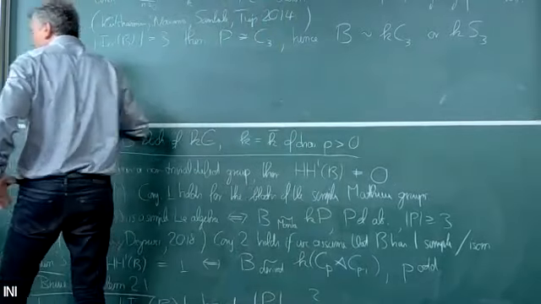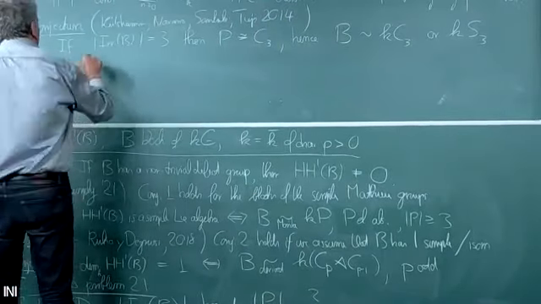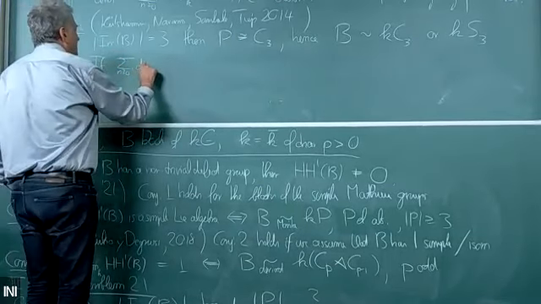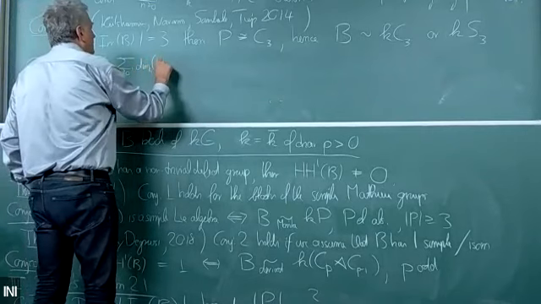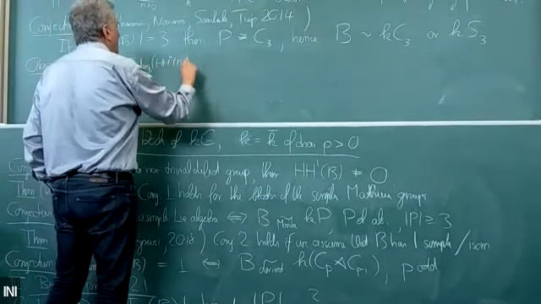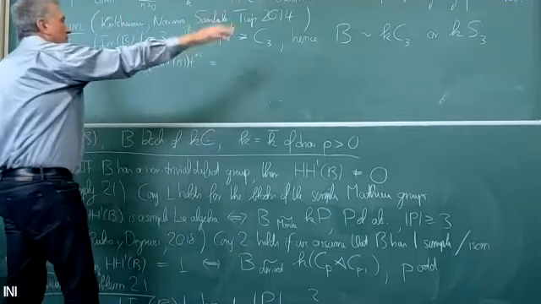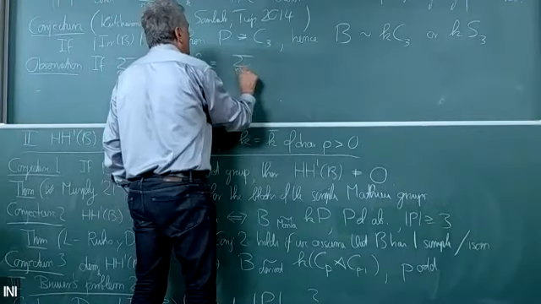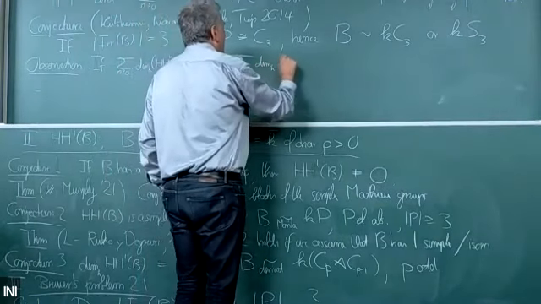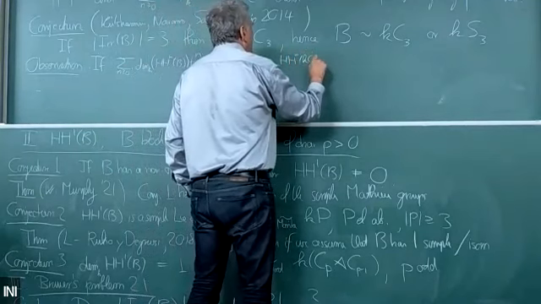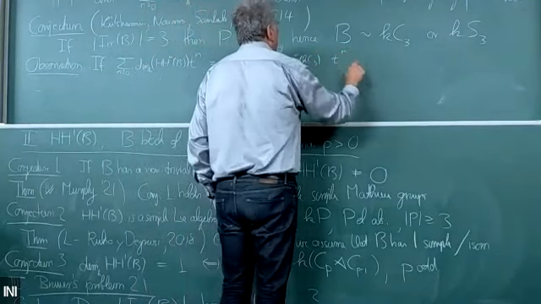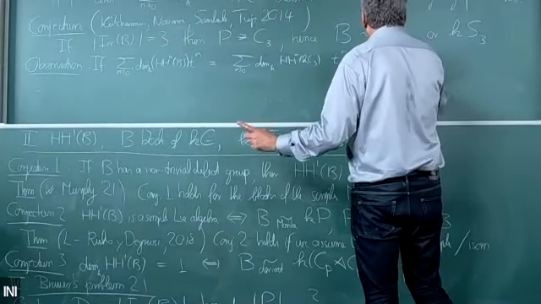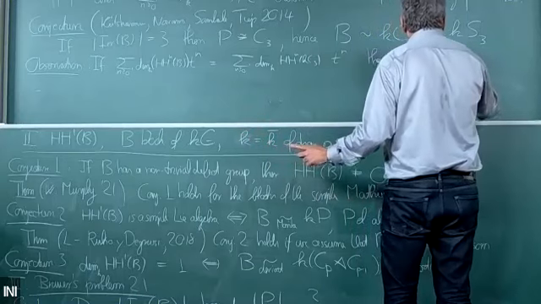So if you give yourself a block and you assume that the Hilbert series of these Hochschild cohomology spaces is the Hilbert series of HH^n of KC3, then you know that your block must be Morita equivalent to this thing.